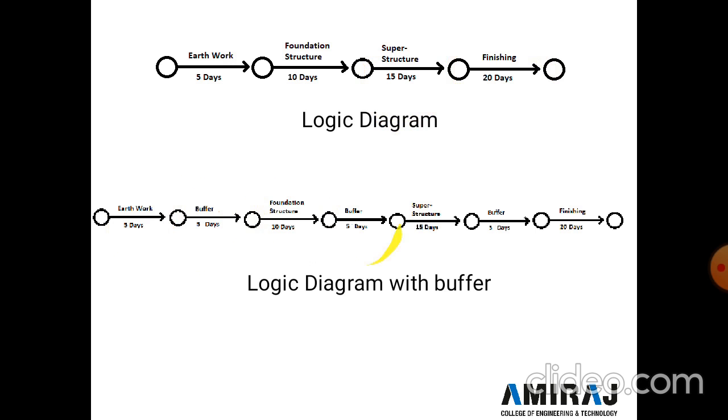The construction plan shows that the total time required is the summation of all the days: 5, 5, 10, 5, 15, 5 and 20 days. The total summation of all the days is the total time of construction of the project.